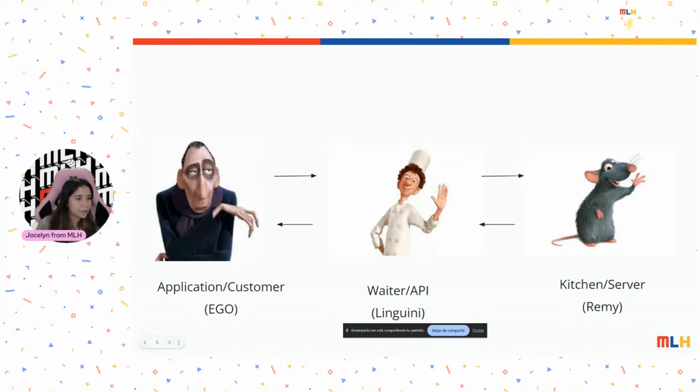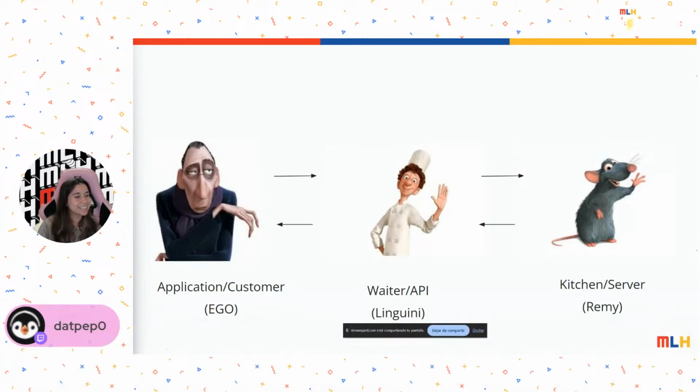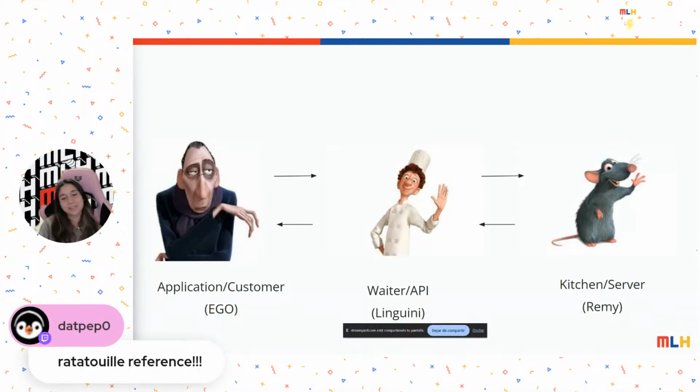Okay, we're seeing some questions over here. Is just on school API will be intermediary for increasing a counter for just okay, that's a nice example. Yeah, Ratatouille, the reference. I like this example. I was actually searching for these images while I was working, and someone saw me copy pasting the images from Ratatouille.